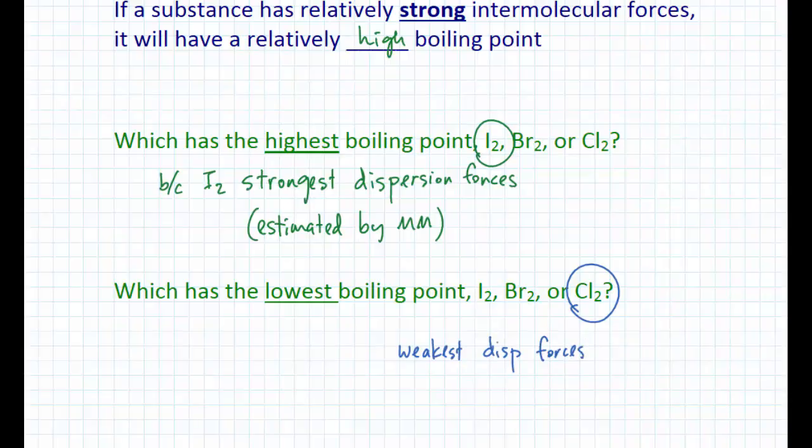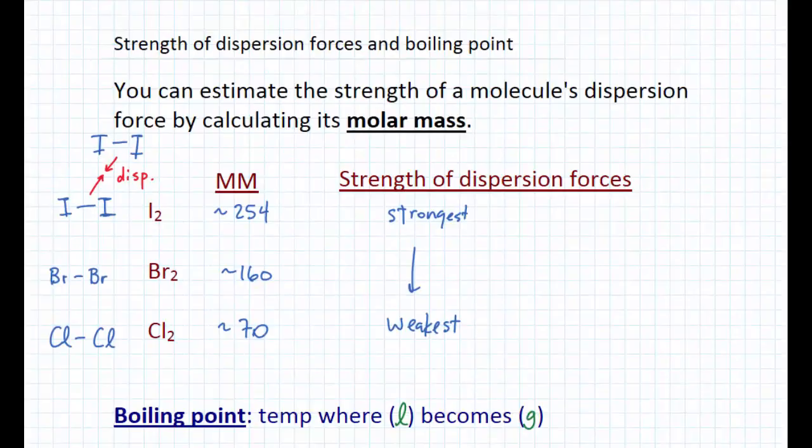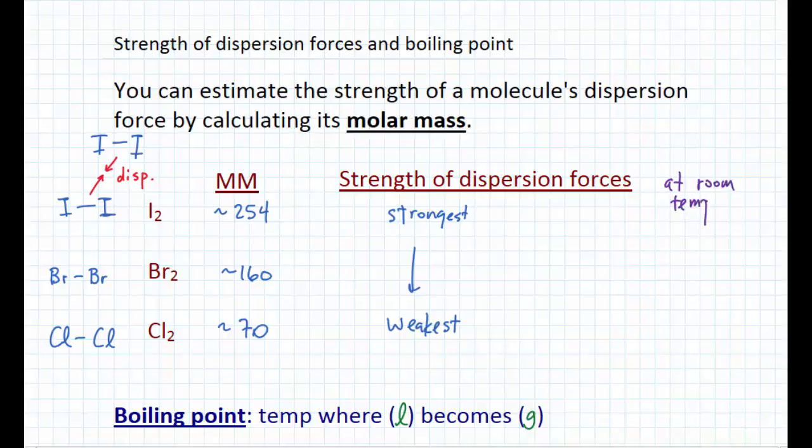And I chose these 3 as an example because it's actually pretty dramatic. At room temperature, iodine is a solid. Bromine is a liquid. Chlorine is a gas. Okay?